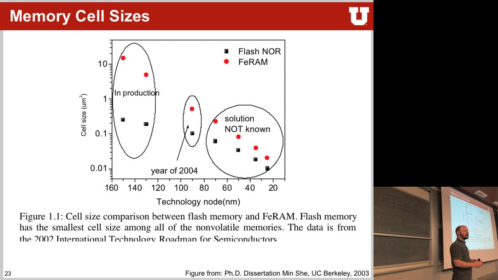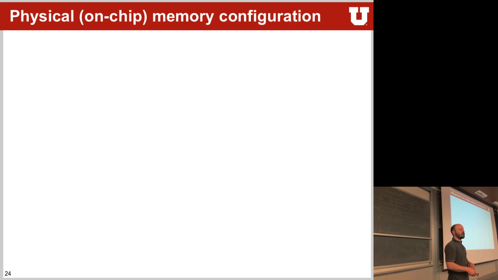So what does that mean? Overall less memory, and more expensive for the same amount of memory. Because if you want 1 megabit of FERAM, the chip is a lot bigger, it's a lot more silicon, so the process becomes more expensive to make this particular memory. Does it take more power to hold the larger chip? Probably also more power, yes. Not necessarily, but it can be more power.